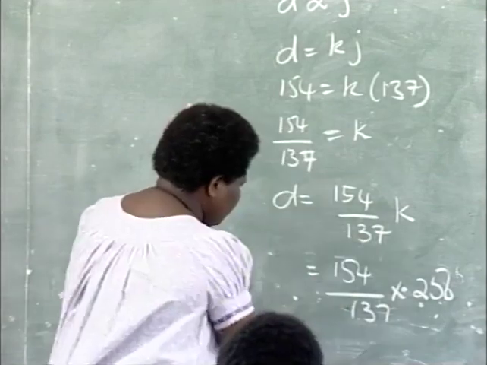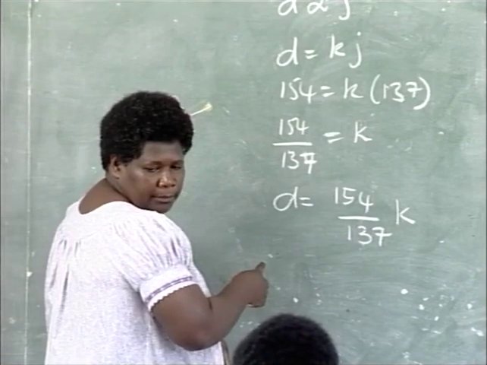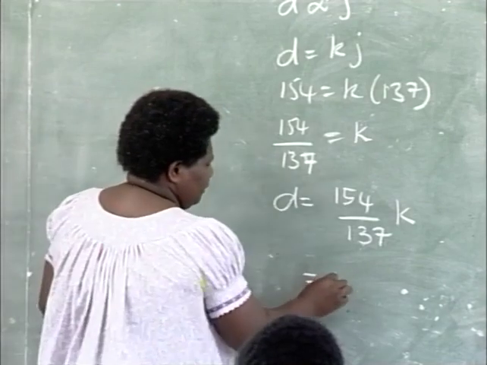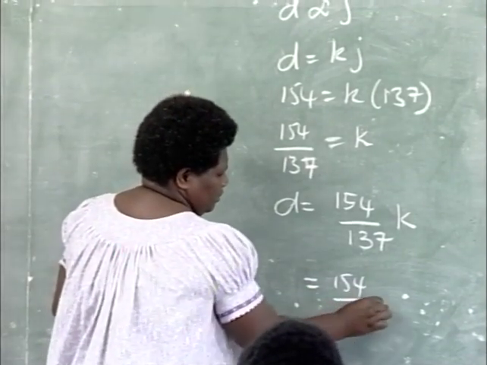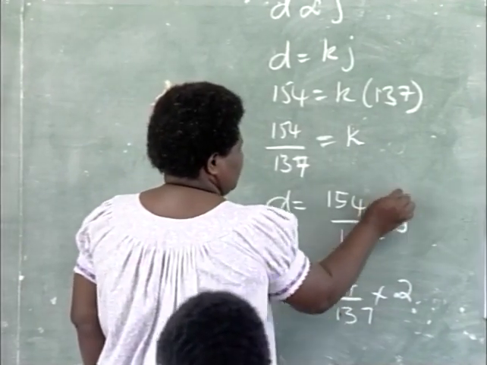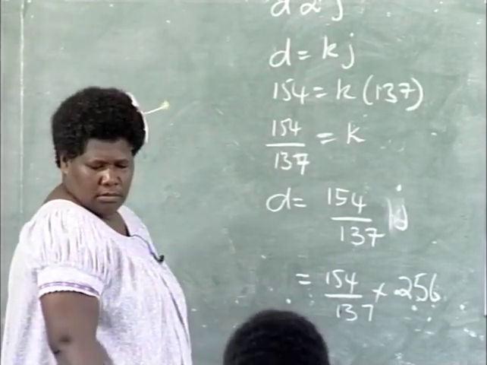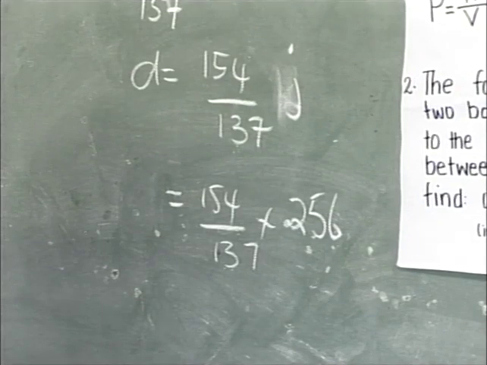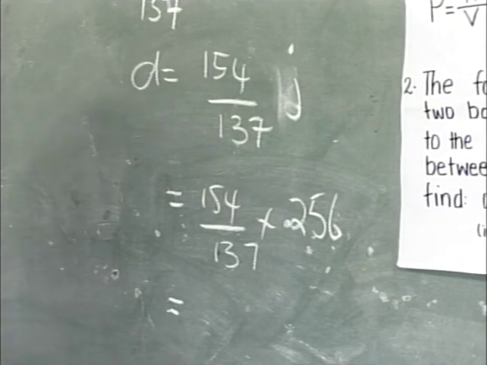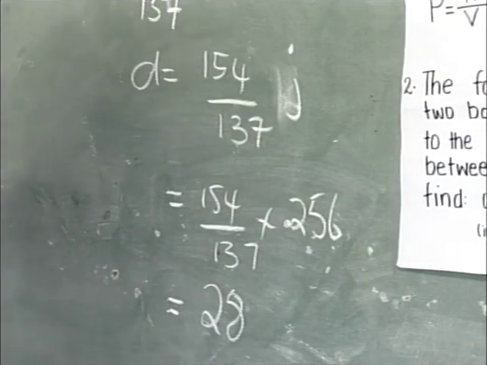Now, the answer is correct, but D is now what we're looking for, am I right? 154 over 137, sorry, this one is supposed to be J. So 154 over 137 times 256, what do we get? Is it 288? Check the answer, please.